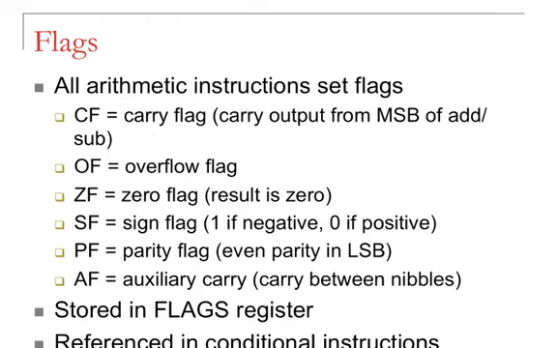Those are carry bits between those 4 bit boundaries. All these flag bits are stored in the flags register, and they are referenced in conditional instructions. For example, later we're going to talk about conditional branch instructions. So based on whether the arithmetic computation result is a 0 or not, a conditional jump will be taken or not taken.